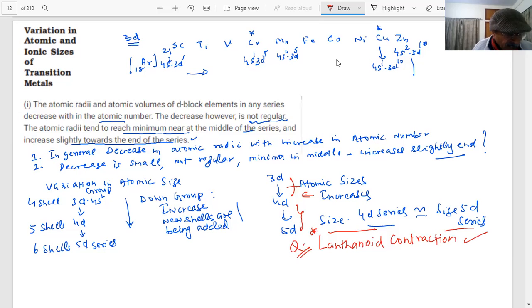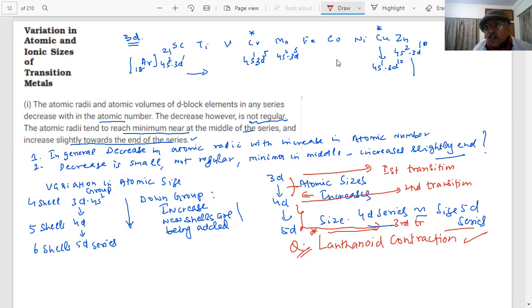So the radii of the 3D series are virtually the same as the members of the, this is my first transition series, 3D. 4D is called the second transition series, right? And 5D is called the third transition series.